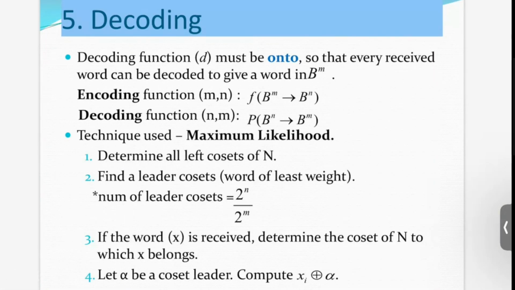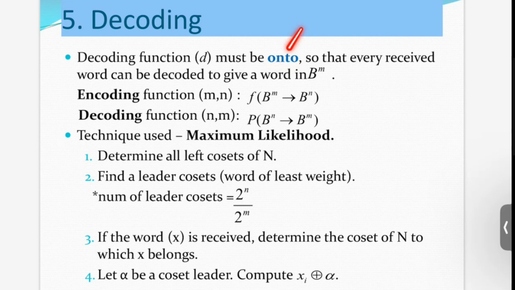We move to the last part, which is decoding. Decoding is the process of translating a received message into the transmitted code words of a given code. So the decoding function must be onto.